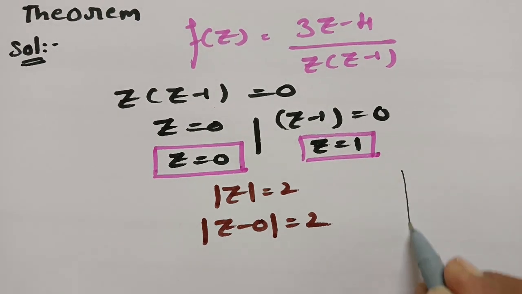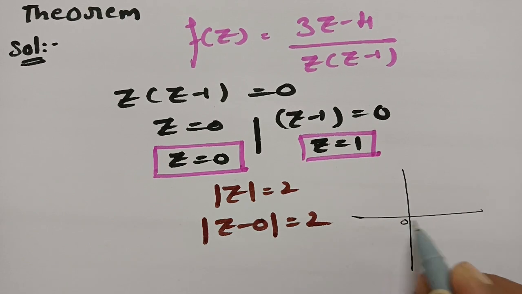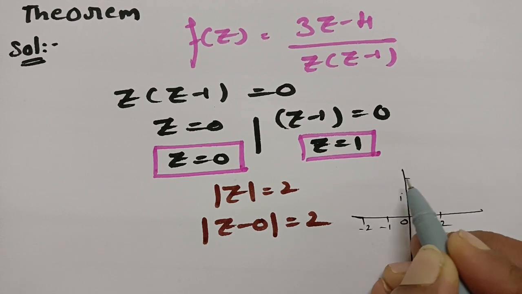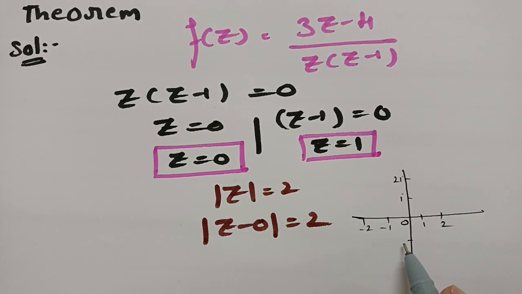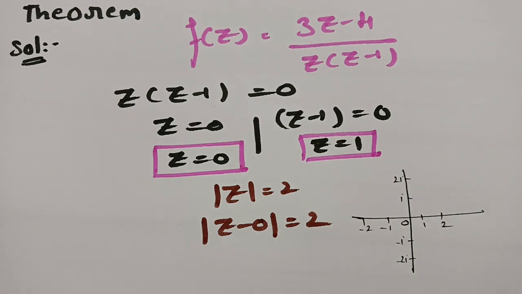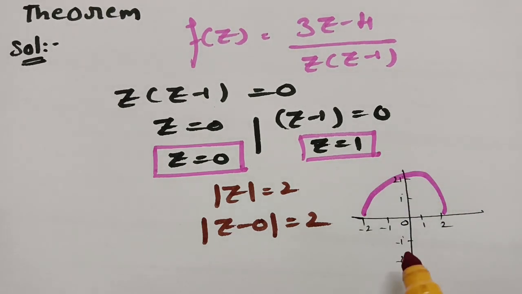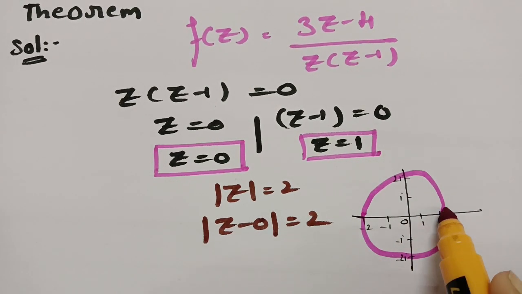So as usual, this is 0, this is 1, this is 2, this is −1, this is −2, this is i, this is 2i, this is −i, and this is −2i. If I draw a circle like this, it will be the circle with center 0 and radius 2. So with 2 as radius, I am drawing a circle like this.